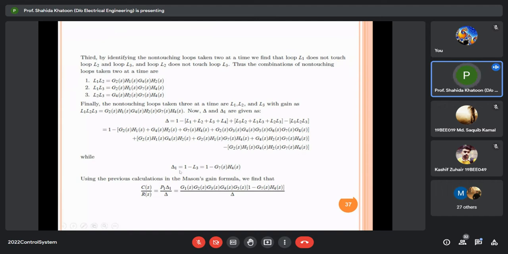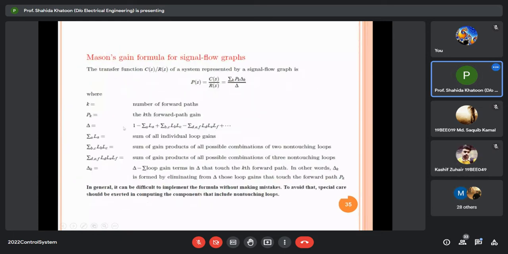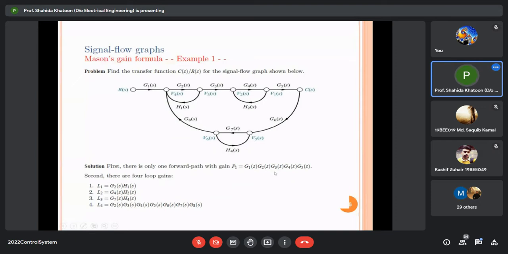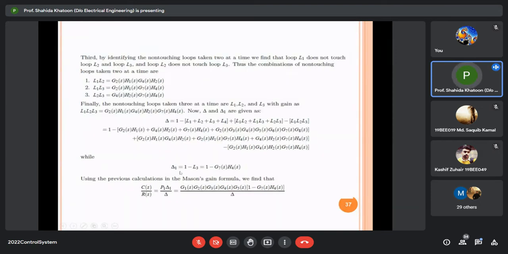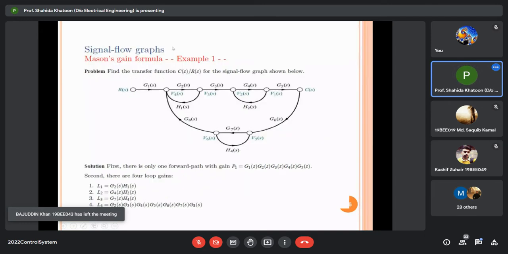The next step is finding delta 1. Delta k is delta minus the loop gains in delta that touch the kth forward path. So basically delta 1 is 1 minus L3. Only one forward path is there. The loop which is not touching this particular forward path is L3, this loop.